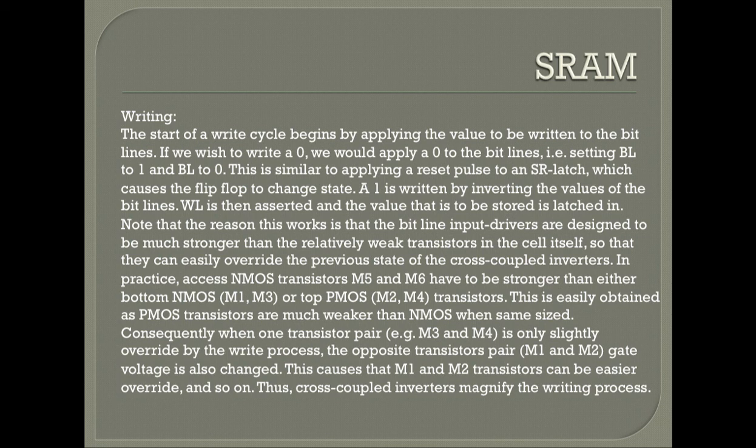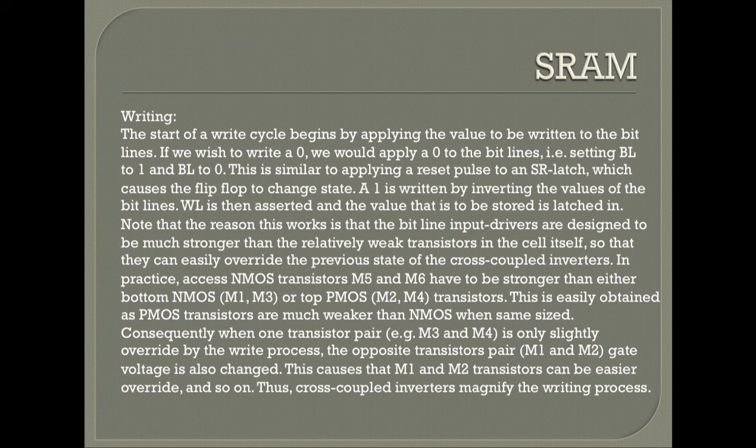So in practice, access NMOS transistors M5 and M6 have to be stronger than the bottom NMOS, M1 and M3, or top PMOS, M2 and M4 transistors. This is easily obtained because PMOS transistors are much weaker than NMOS when same sized.